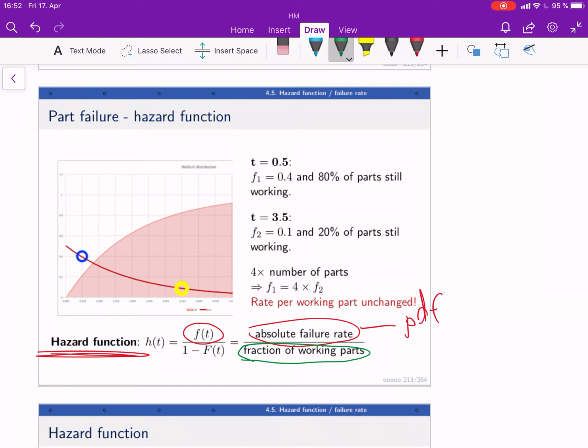So that basically gives me then the hazard function, and that's the likelihood that an individual part fails.